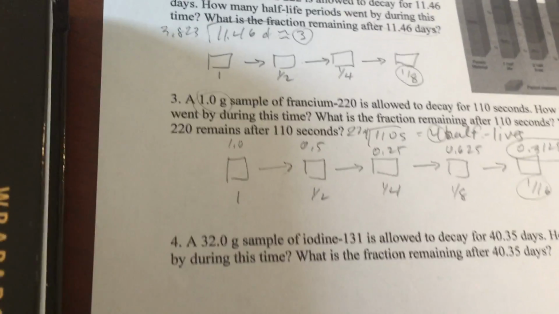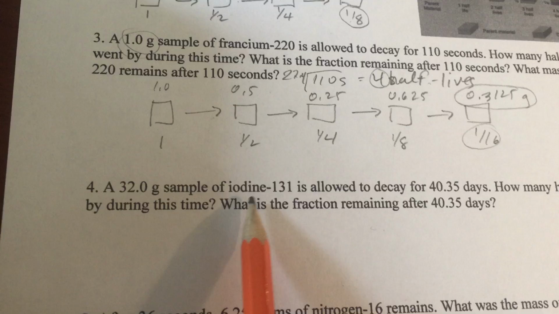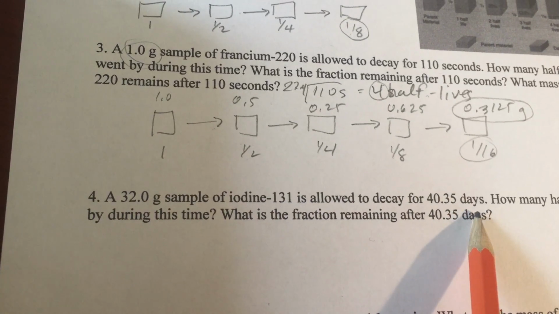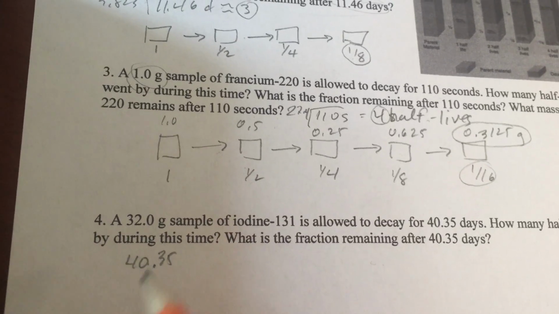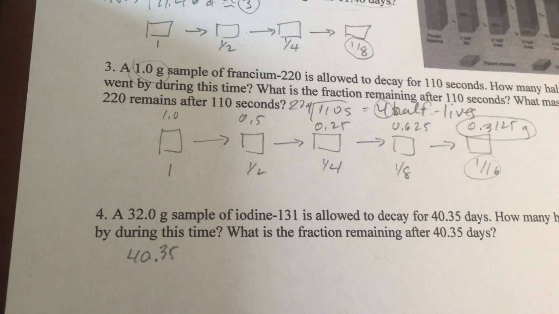Number 4, a 32 gram sample of iodine-131 is allowed to decay for 40.35 days. Iodine-131. Well, let's go back over here.